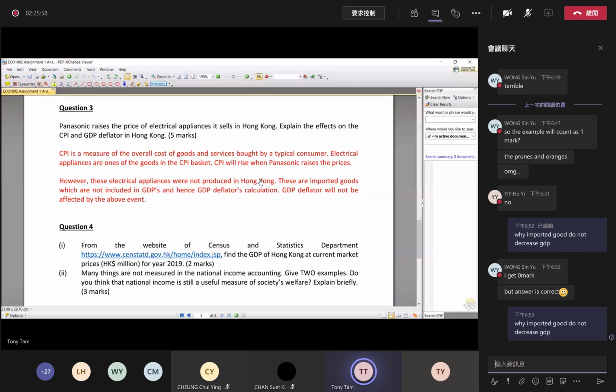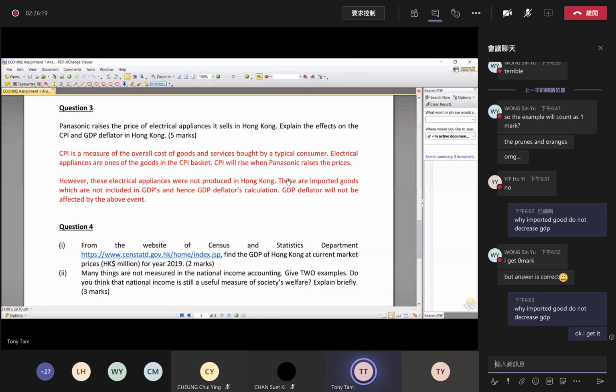And the imported good here, the electrical appliance, that will be the consumption good. So for GDP, C will go up here, but it will be deducted. NX will fall. NX will fall. So the imported consumption good will be deducted by NX. Okay, you get it, right?